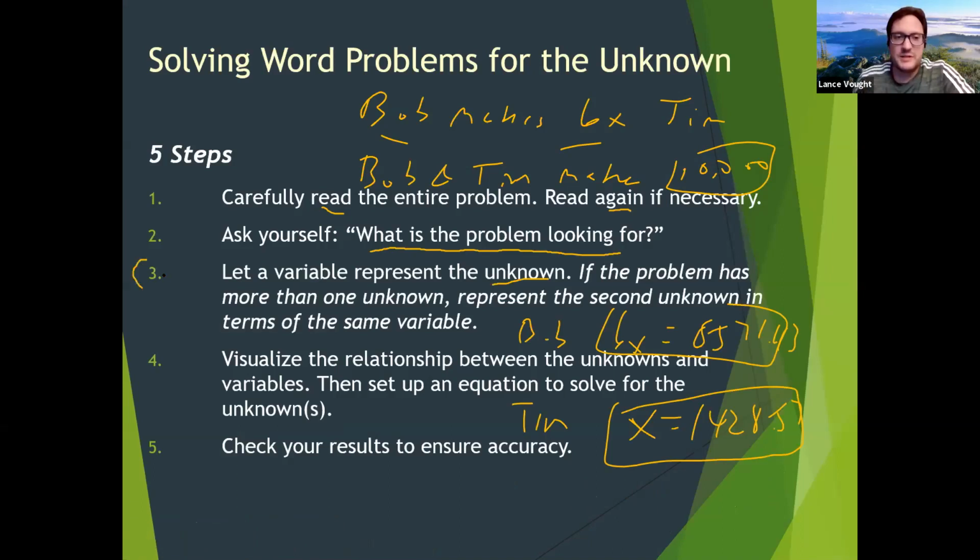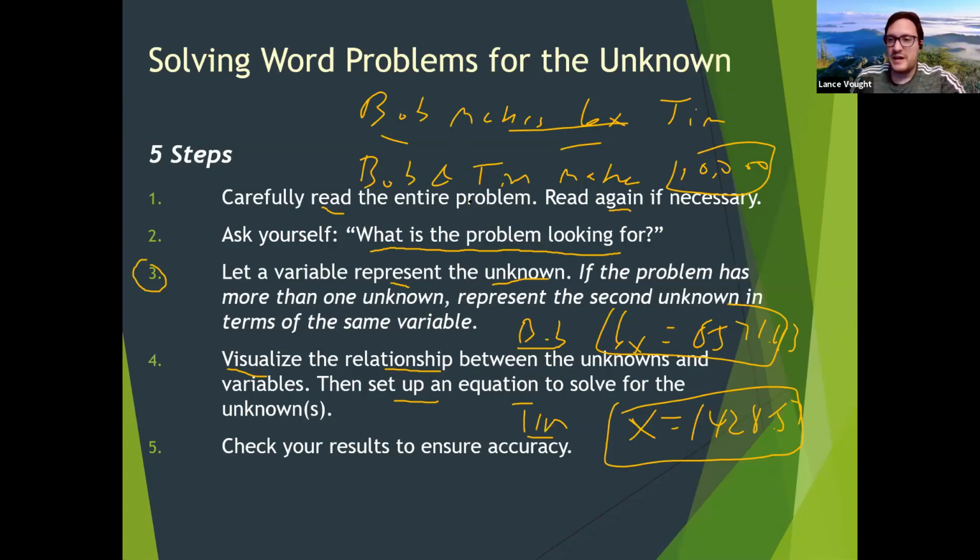So that's what step 3 is. And then visualizing the relationship is basically converting it from words into some sort of equation to solve, which is what I just did. So step 1 was, this is what it's asking me. It wants me to know what Bob makes, what Tim makes. We wanted it to be expressed in terms of one variable. So X is Tim's salary.